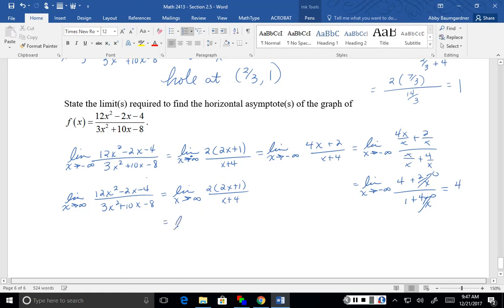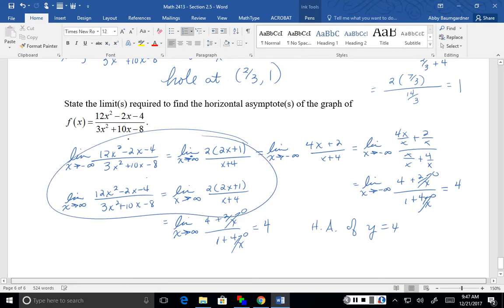You would do the same thing here. Since you've already done all the work, you can just go ahead and write this. That goes to 0, that goes to 0, and you get 4. And so we do have a horizontal asymptote of y equals 4. Again, if I just asked you to state the limits, then we're really looking for that stuff.